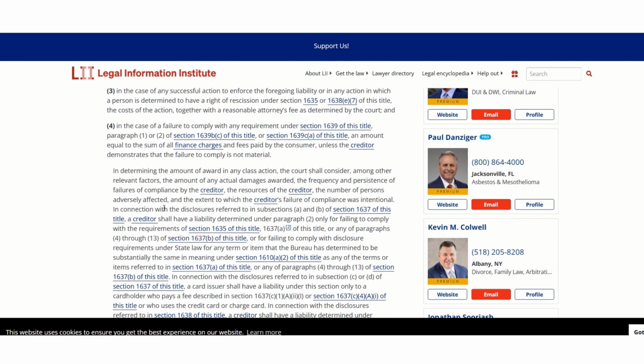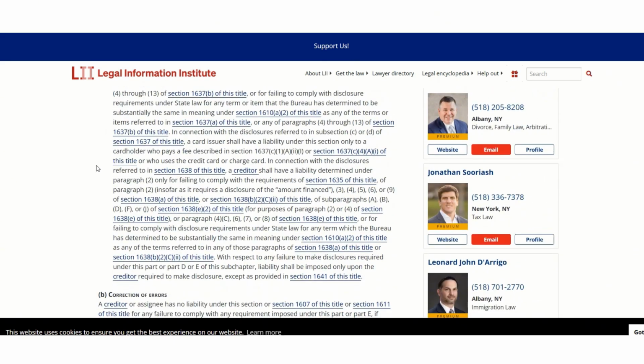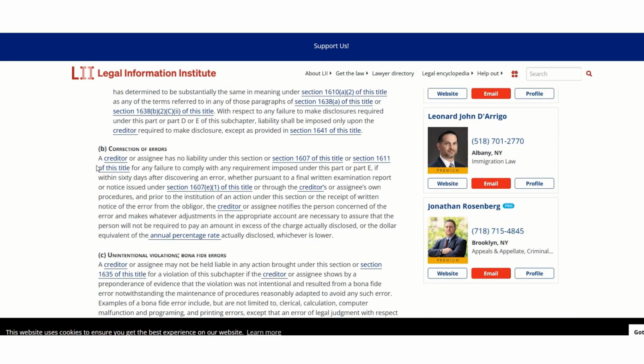You could still write a letter letting them know to correct errors, and they'll still be liable if they choose not to correct the errors.